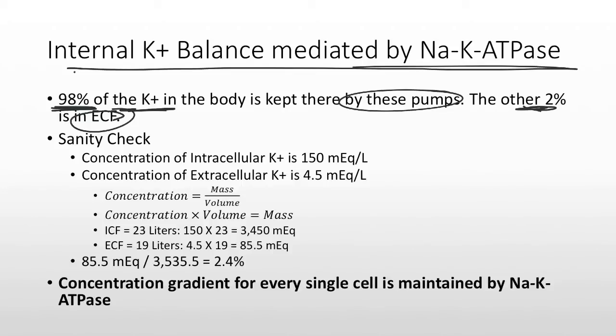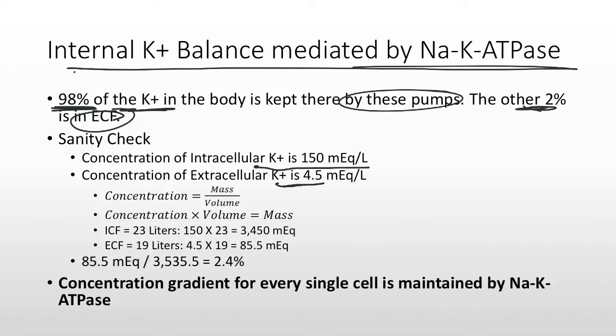So I read this and I said to myself, I want to do a sanity check. I know that the intracellular potassium concentration is roughly 150 milliequivalents per liter, and the extracellular potassium is approximately 4.5 milliequivalents per liter. And so I was thinking, well, how much mass?